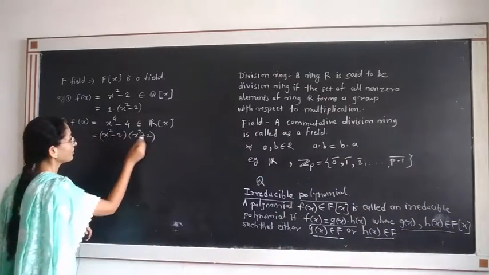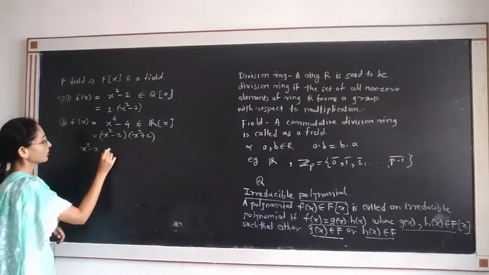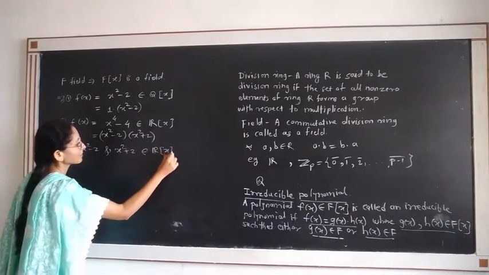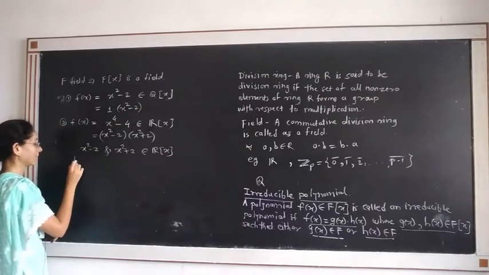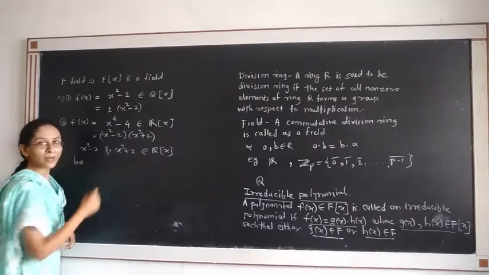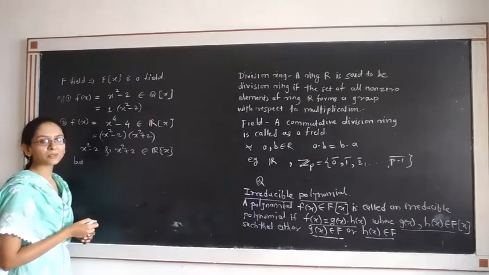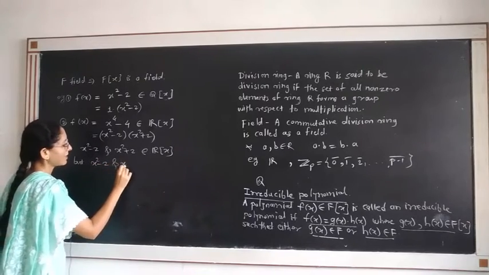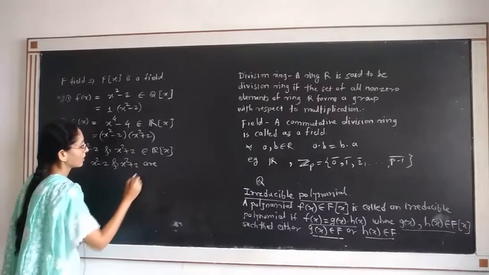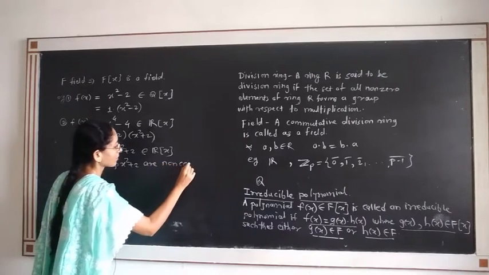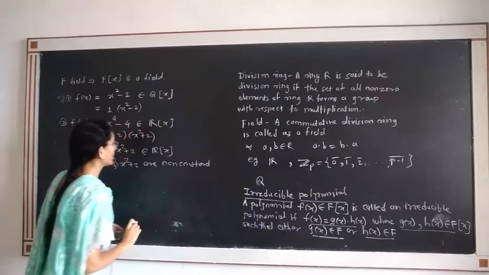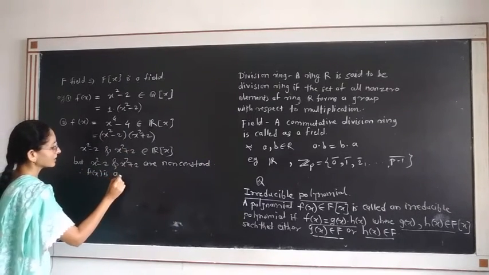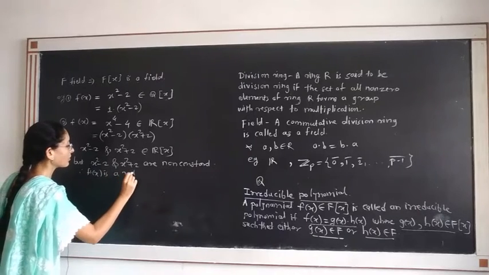Now both the polynomials x square minus 2 and x square plus 2 belong to the field R[x], but neither of the polynomials belongs to R. Neither polynomial is a constant polynomial; x square minus 2 and x square plus 2 are non-constant. Therefore, f(x) is a reducible polynomial.